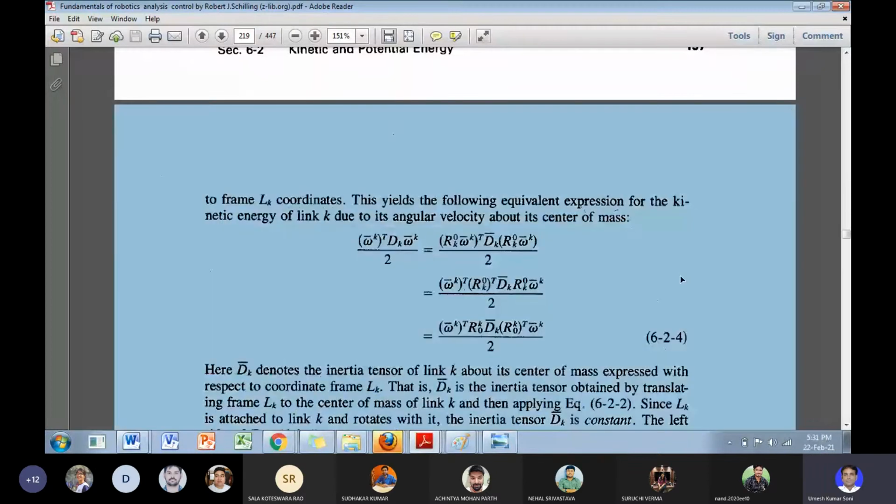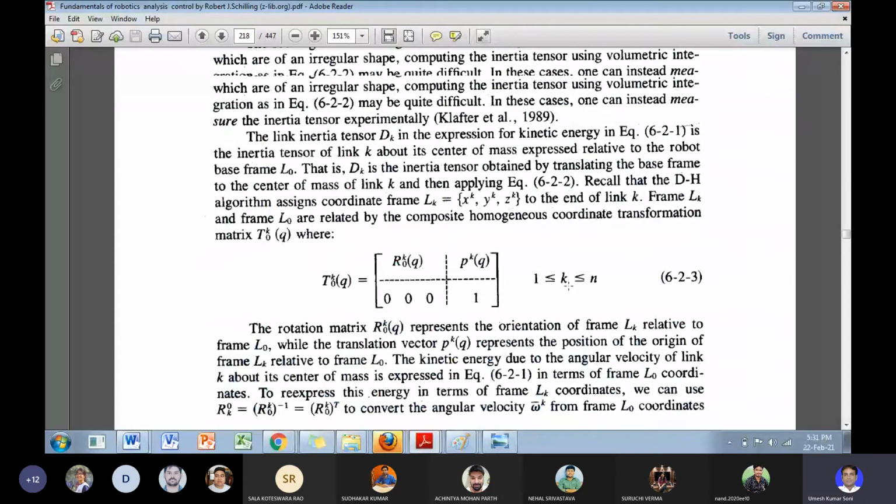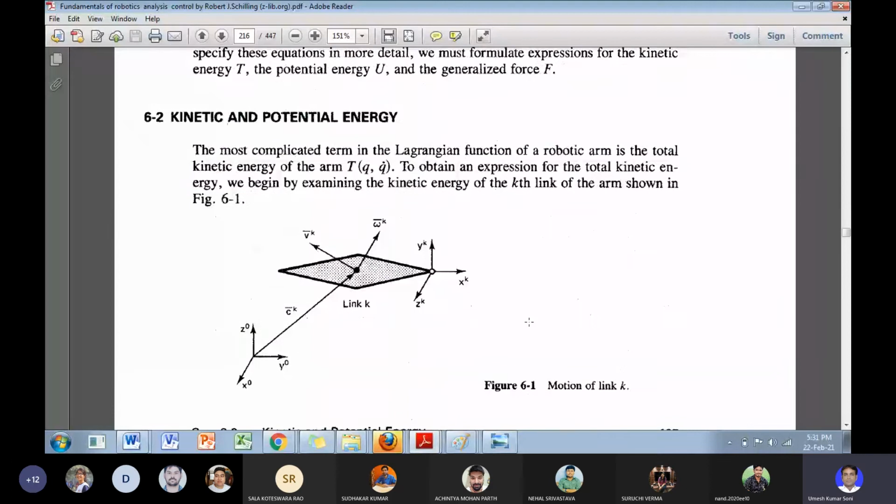You see here, when you see this diagram, this is the center of mass, and dk is relative to this coordinate frame, and dk bar is relative to this reference frame. So dk and dk bar, you know.